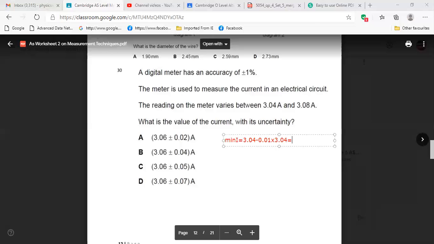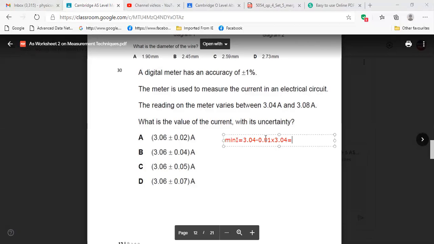So why do we multiply 3.04 again? Very good question. Look, we wrote here at the beginning minimum I, the minimum value of I. So when we are getting this, we are getting the error in 3.04.